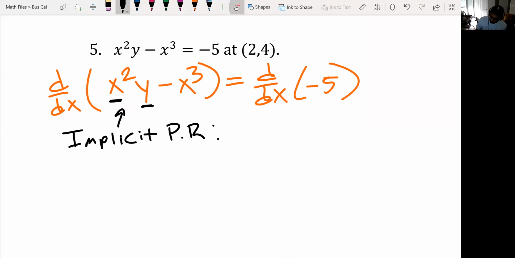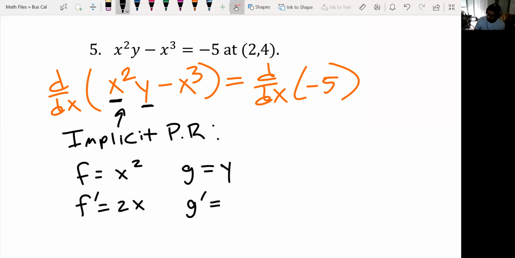So this means f will be x squared, g will be y, f prime is 2x, and g prime is y prime.